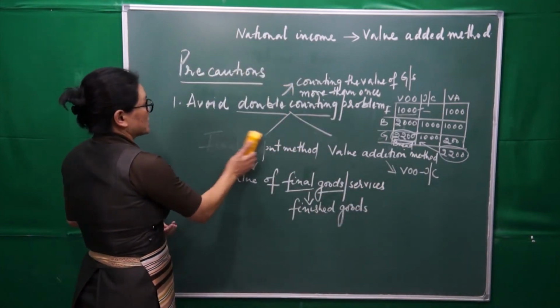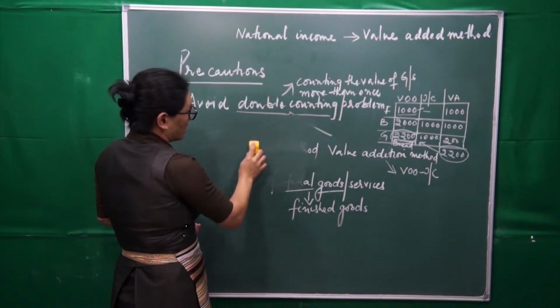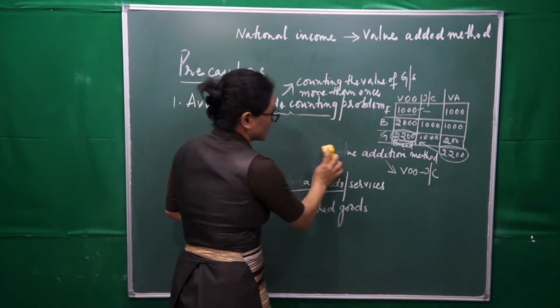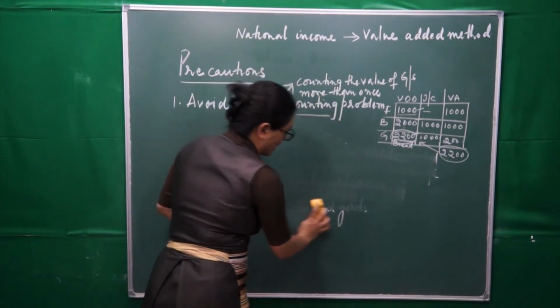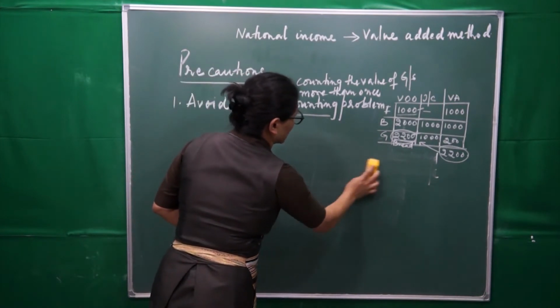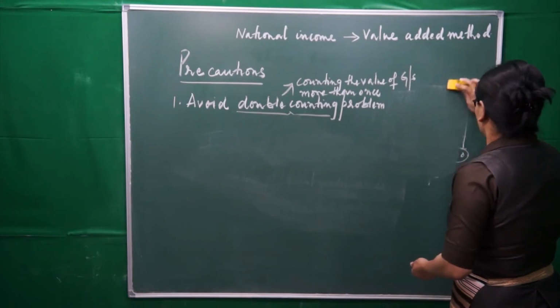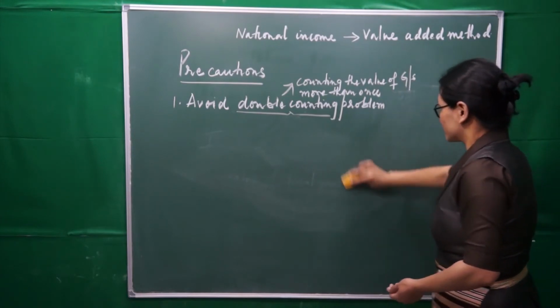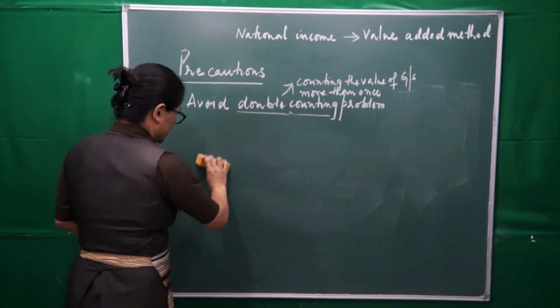So the first precaution says that when we are estimating national income using the value added method, we have to avoid this double counting problem. Now I have given you only one illustration, taking one good.